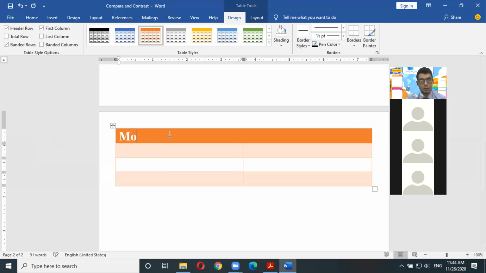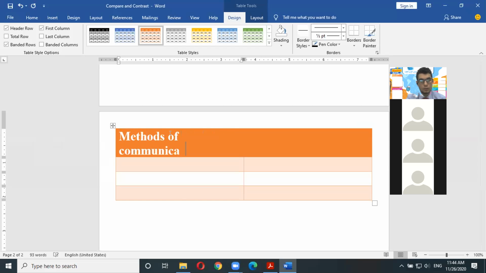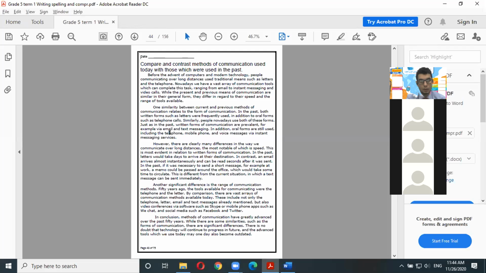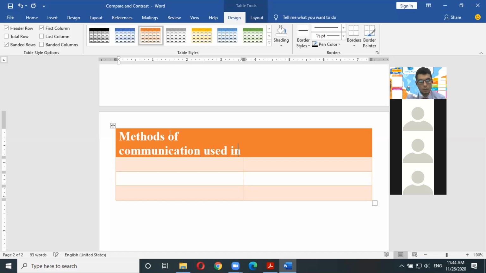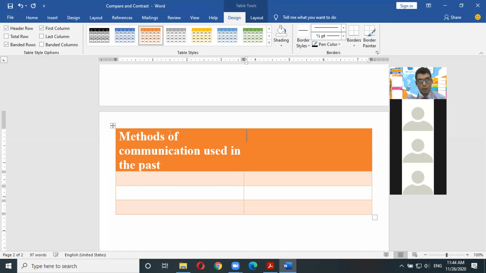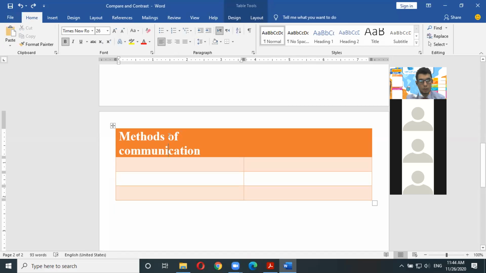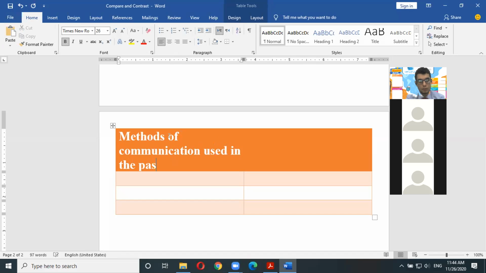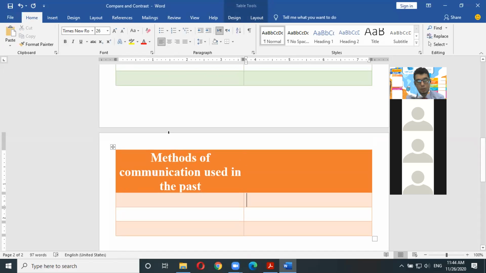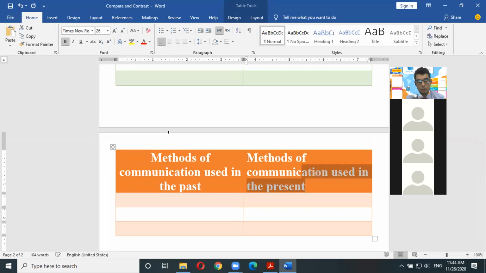Methods of communication used in the past, and here used in the present.